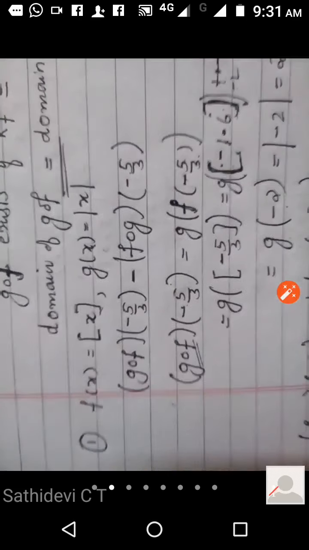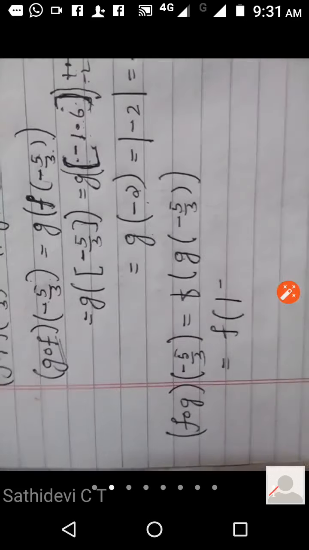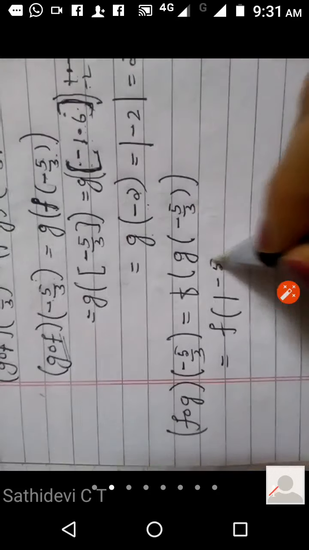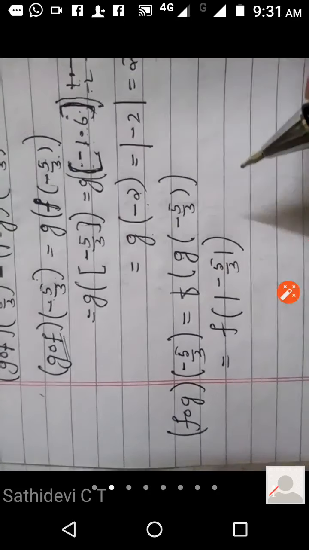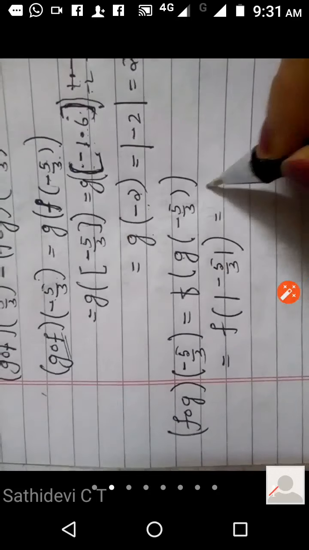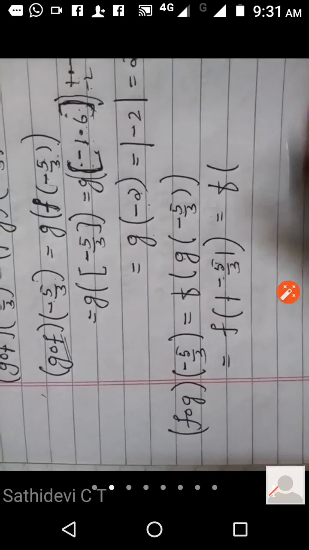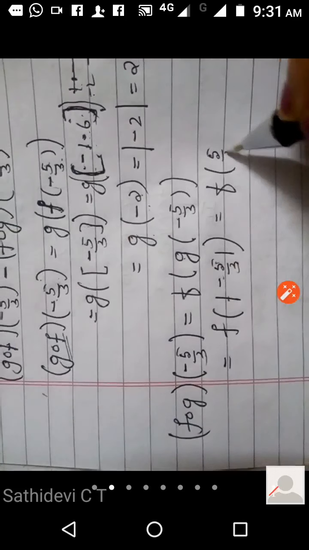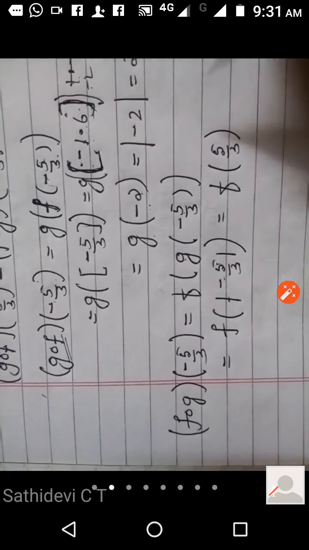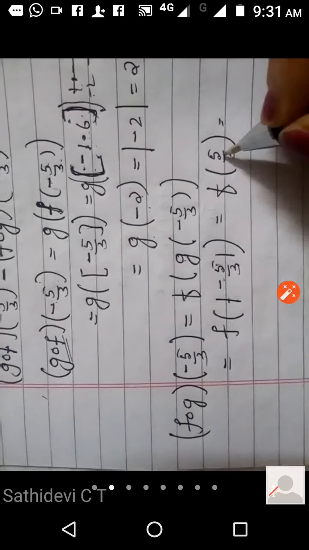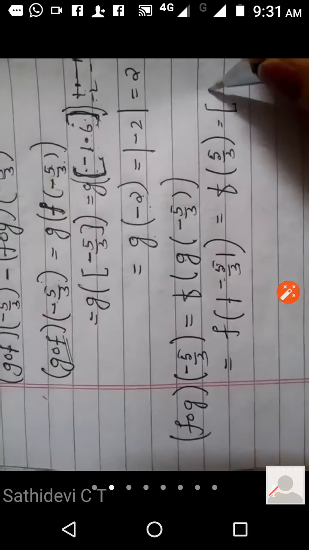So here G of this element is modulus of minus 5 by 3, which is 5 by 3. That is, F of modulus of minus 5 by 3 is F of 5 by 3. Now F operates on this element. F means greatest integer function of 5 by 3.